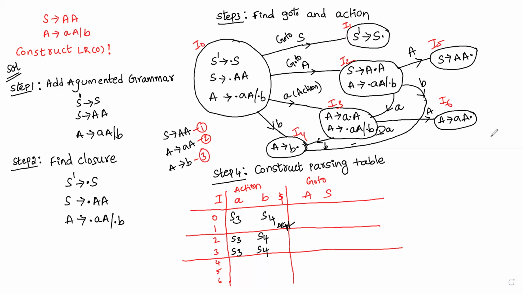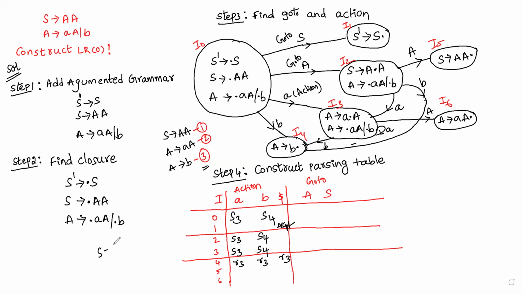So what you need to do in I4: A tends to B dot. This belongs to production number 3. So in I4, production number 3, you need to write R3. The dot appeared at the end, that's why we have taken reduce moves.